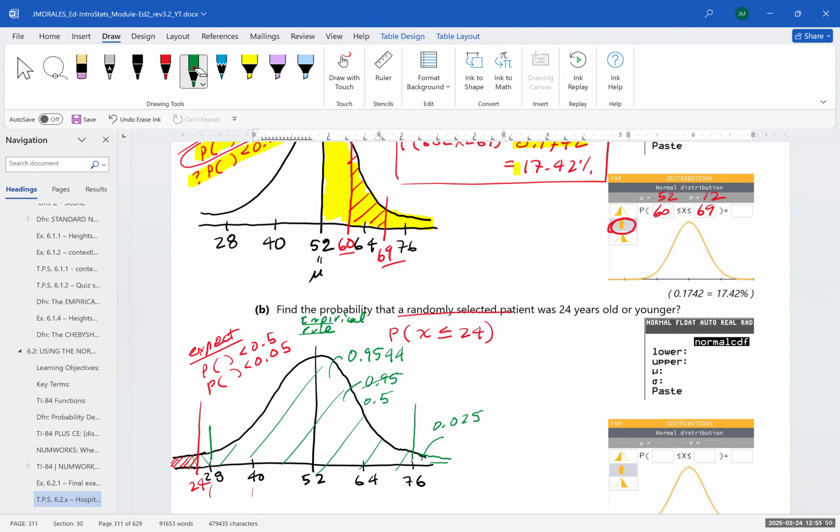Could have given myself more room here. This area out here is also going to be 2.5%. So I'm going to venture to say that the area I'm going to calculate is less than 2.5%. I think I can say that with some confidence here.